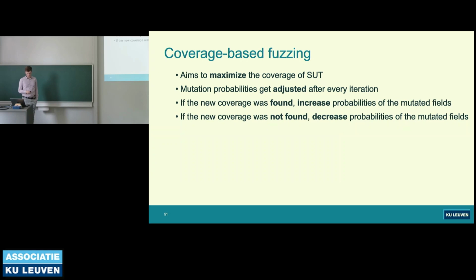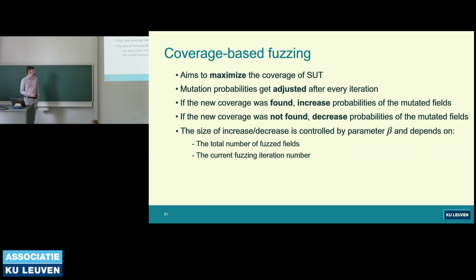So if new coverage was found, then it increases the probabilities of the fields that were mutated during this iteration, saying that those fields are promising and they lead to new coverage. And if new coverage was not found, then these probabilities get decreased. The size of this increase or decrease is controlled by the parameter beta. I'm not giving you the full formula here, but you can check it in the paper.